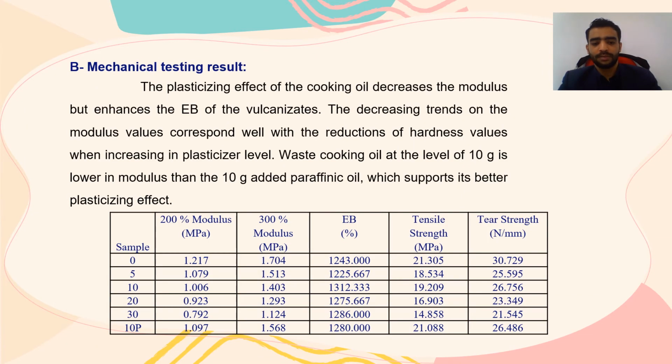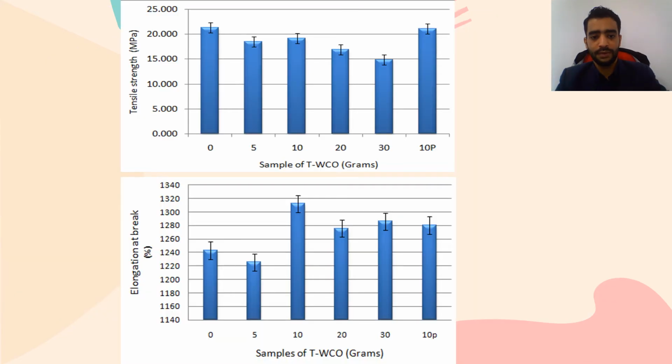And here we have the mechanical testing result. The plasticizing effect of the coconut oil decreases the modulus but enhances the elongation aspect of the vulcanizates. First picture showing the tensile strength.